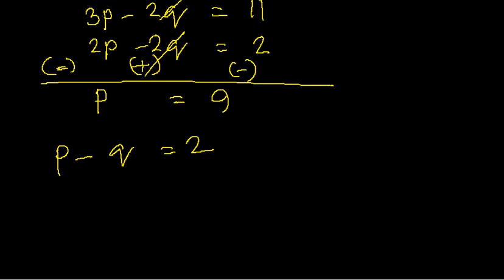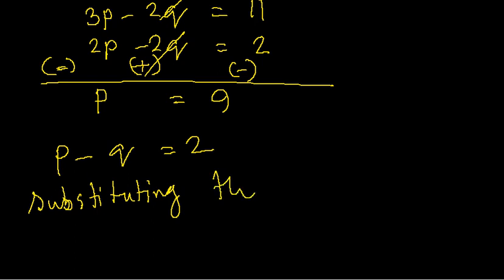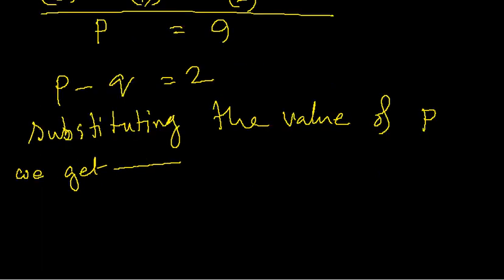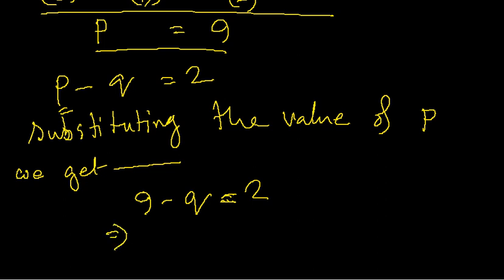Now substituting the value of p, we get 9 minus q equals 2, so minus q equals 2 minus 9.